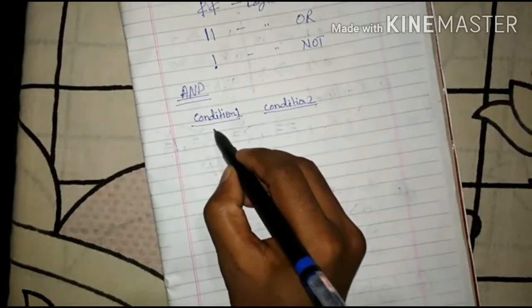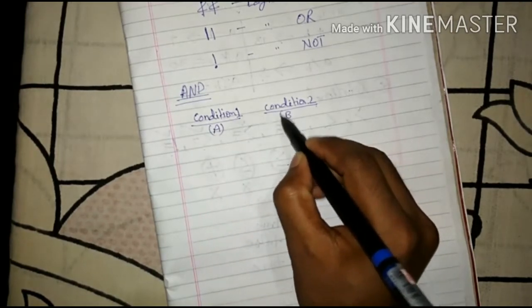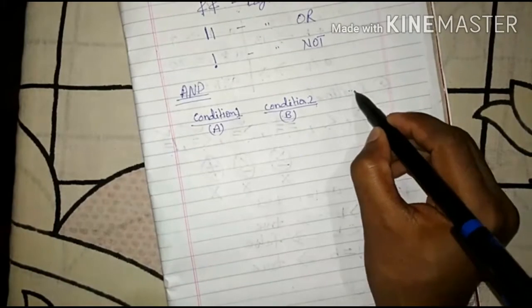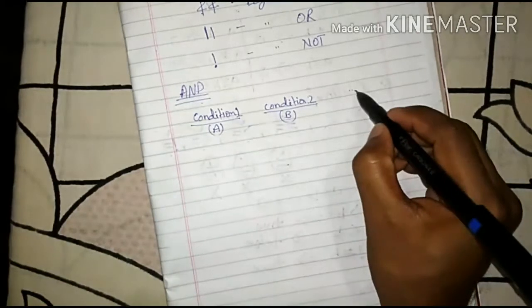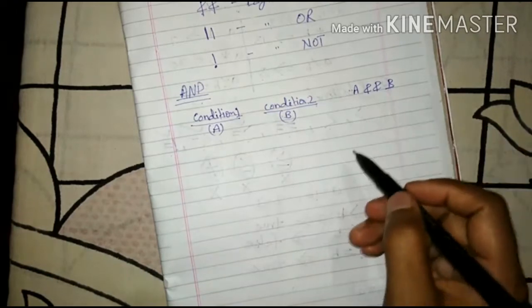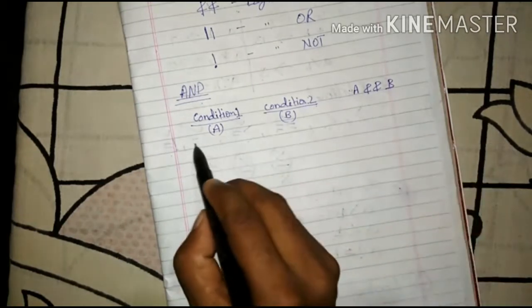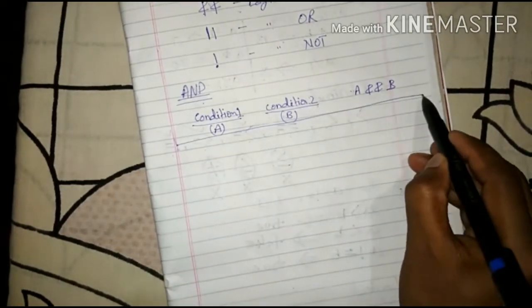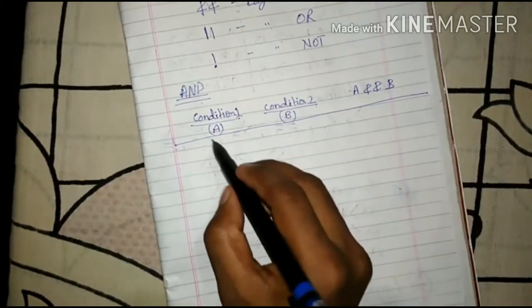Suppose I'm calling this condition A and this condition B. If I want to use the AND logical operator, then we can write A and B. So what will be the output of this A and B? As I told, the output will be either true or false, a Boolean value. But when will it produce true or false? Let me show you this.